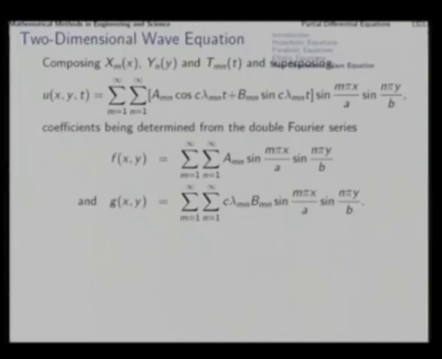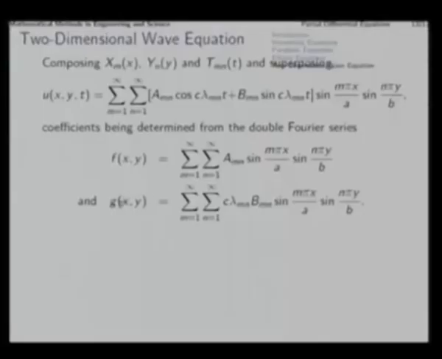And when we differentiate, this will give us sine, which upon substitution of t equal to 0 will be 0, and this will give us cos along with a coefficient c lambda mn, and upon substitution of t equal to 0 that cosine will be 1. That means, c lambda mn into b mn into sine and sine will be equal to the initial velocity of every particle over the membrane, that is for all values of x and y.